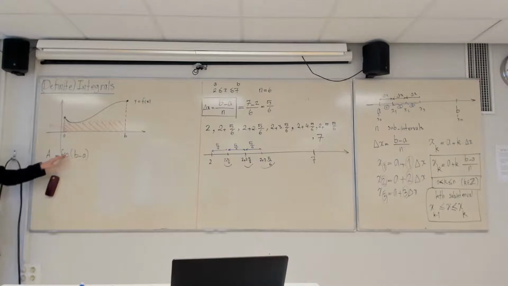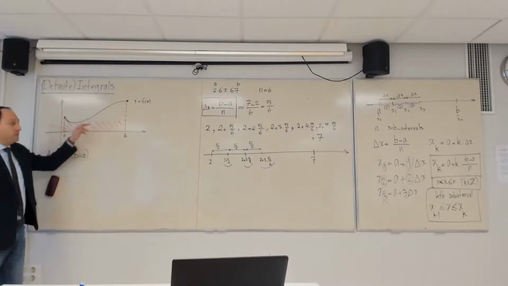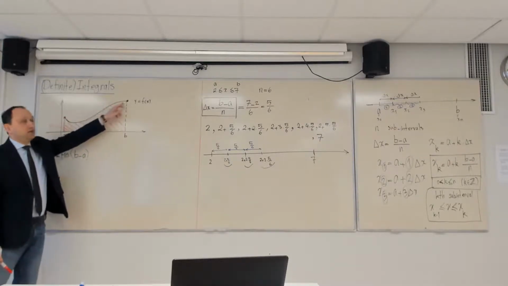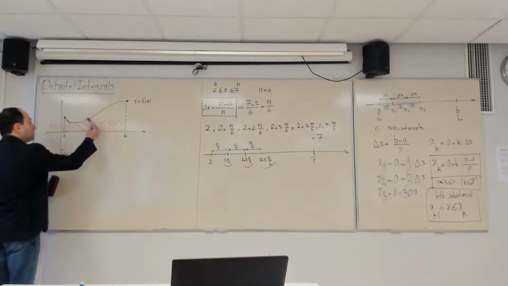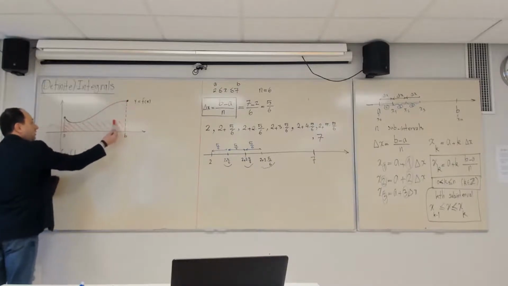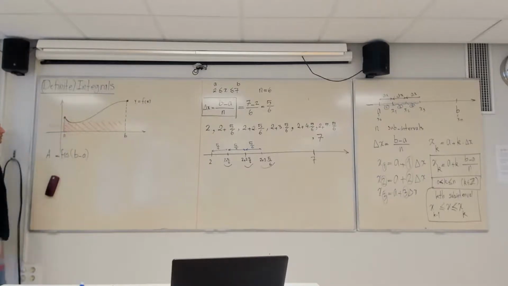Of course, this is better than nothing, but you can immediately realize that there are two big differences between the area that I desire to calculate and the area of this rectangle. For example, you see immediately I am just ignoring the area of this part, and I'm also ignoring the area of that part.